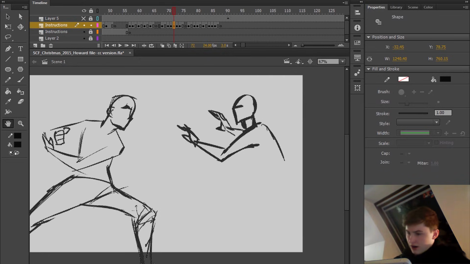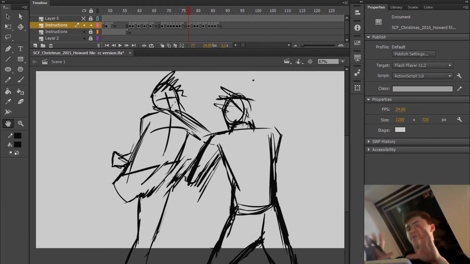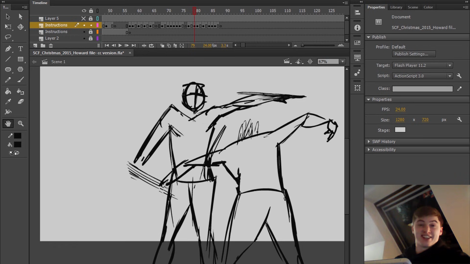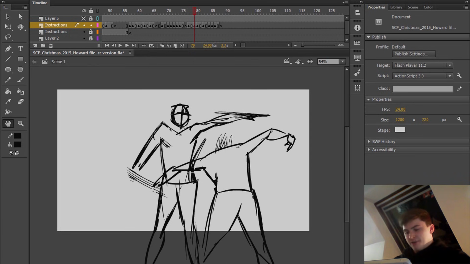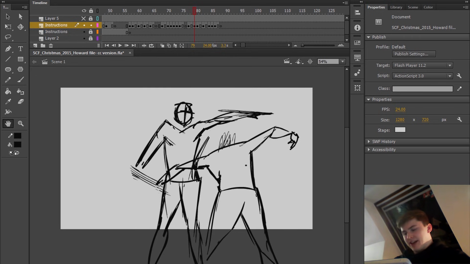Now, there's another one that I quite like, which is also on the same kind of height level, but it's this one. And so this is a bit different. I know I'm in the early stages, so it looks like crap right now, but this one is slightly different. This is where you have one person that's closer to you and another person that's further away, and I quite like this effect actually.